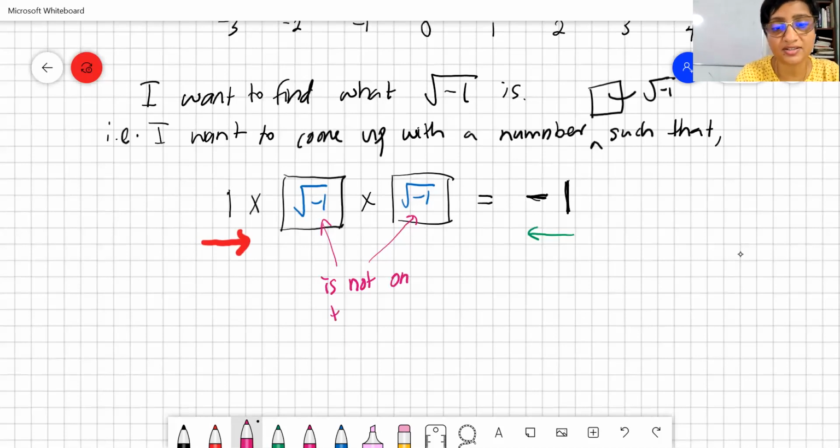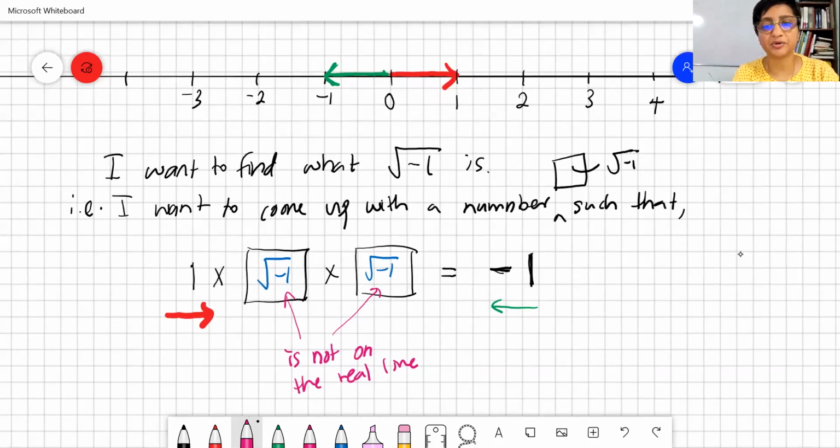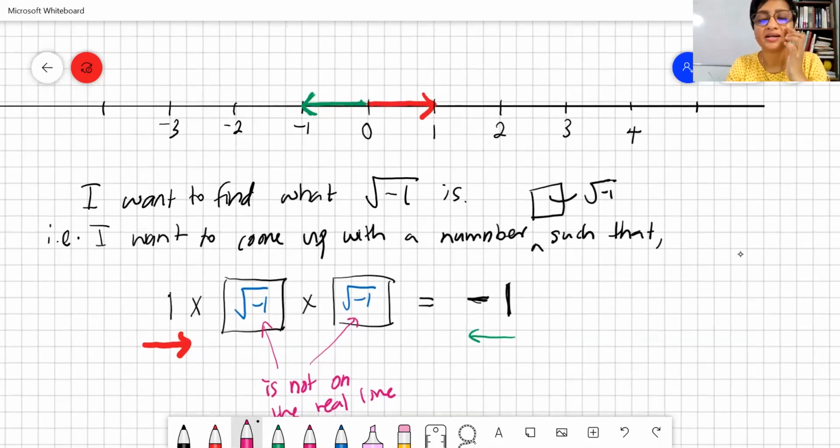It's not on the real line. But I'm trying to create a spot for him. I'm going to create a spot for him. Where can I place him? I'm going to place him somewhere.